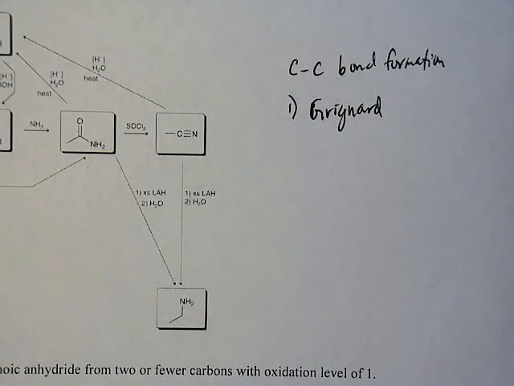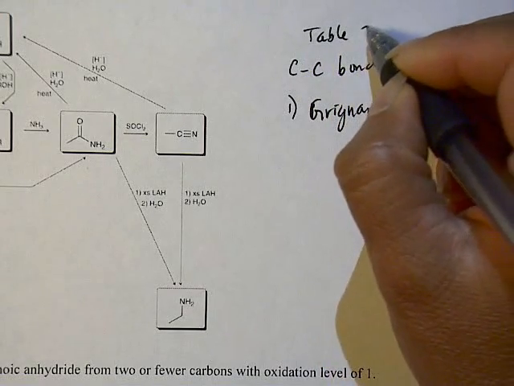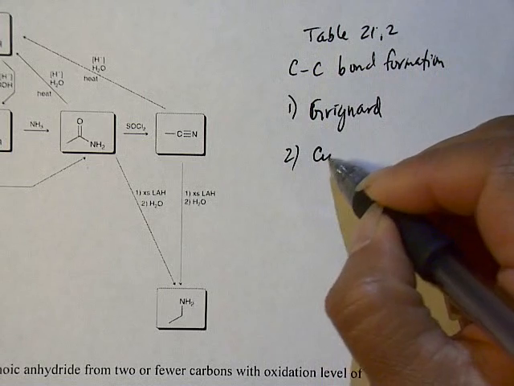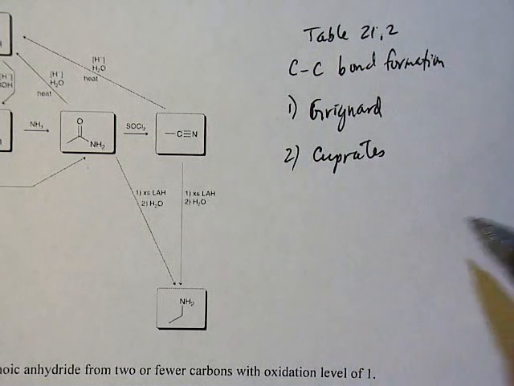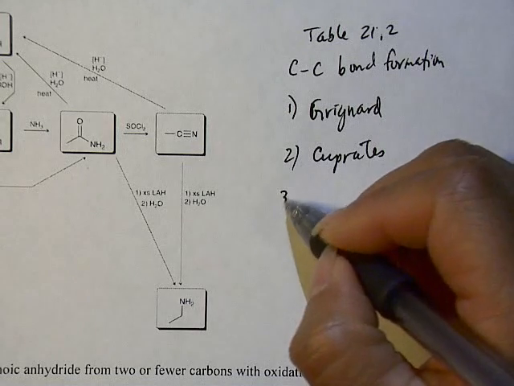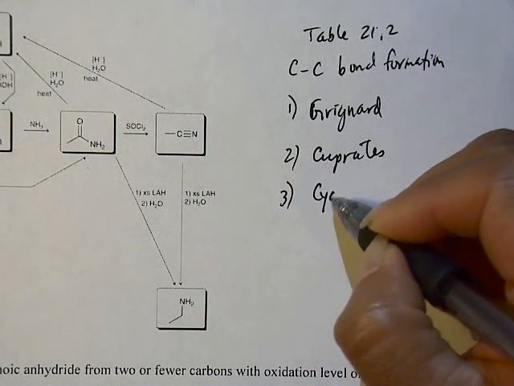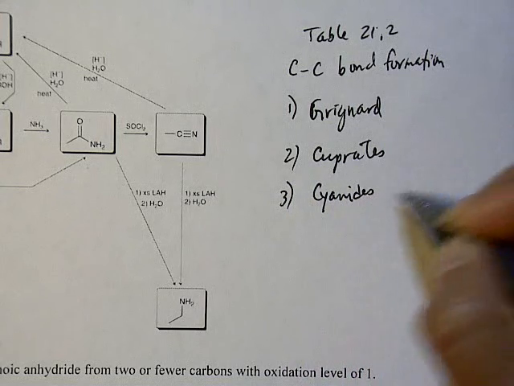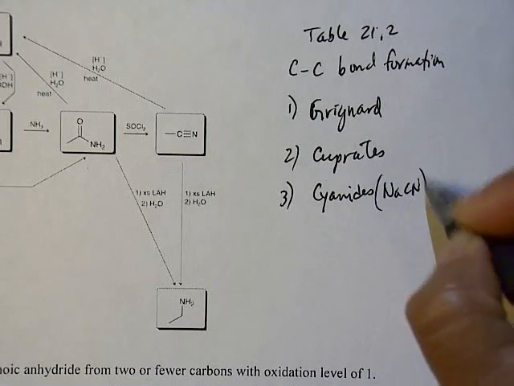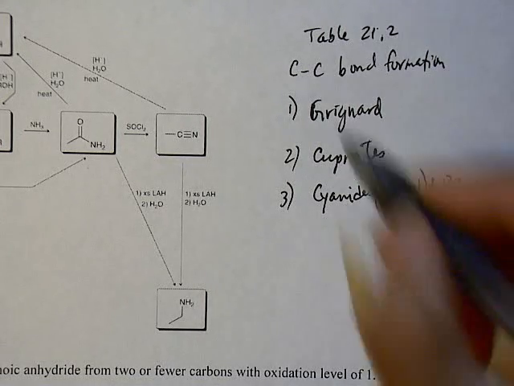And by the way, this is shown in table 21.2. I'm just summarizing. You could do cuprates to make carbon-carbon bond formation, and you could react with cyanides, like sodium cyanide plus some kind of alkyl halide, you can make a carbon-carbon bond.